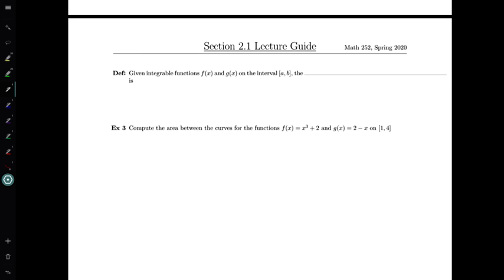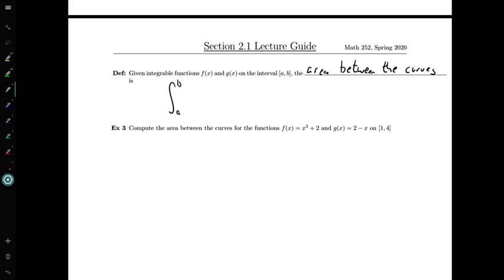So if we're given integrable functions, f of x and g of x on the interval from a to b, the area between the curves is going to be the integral from a to b. This is our way of counting area.